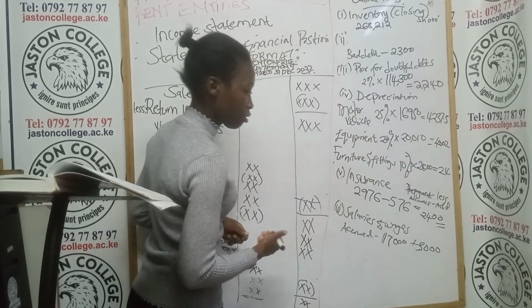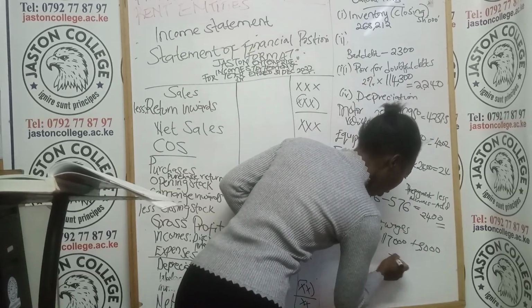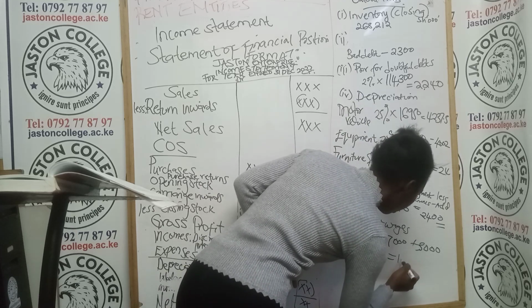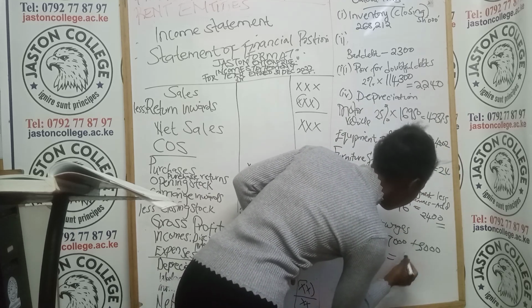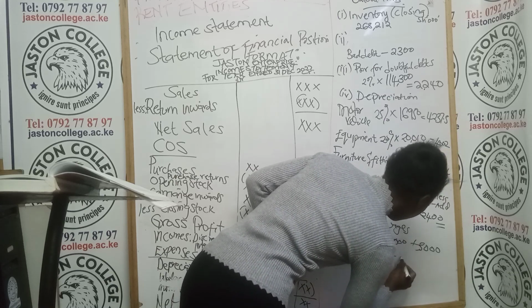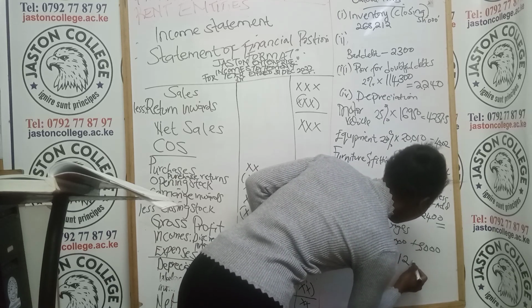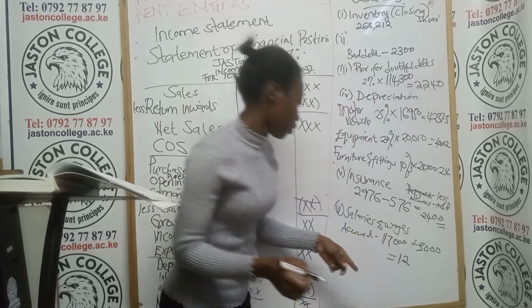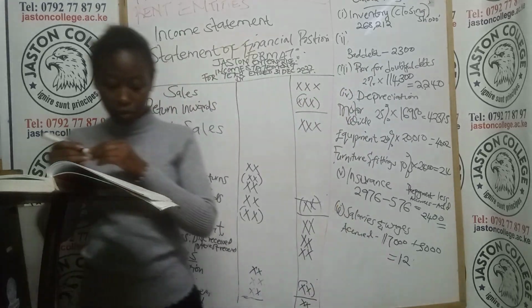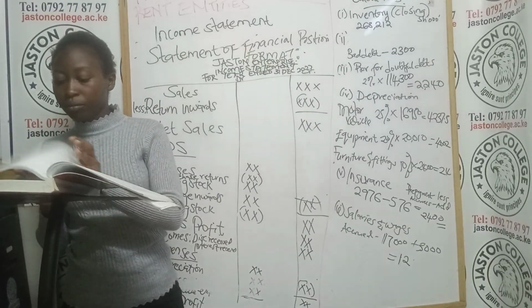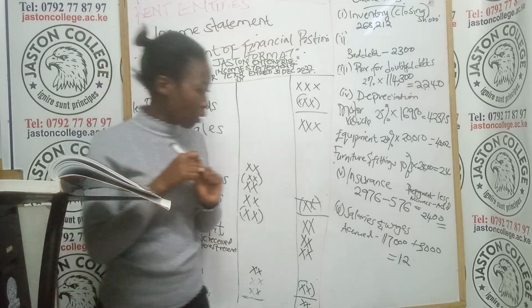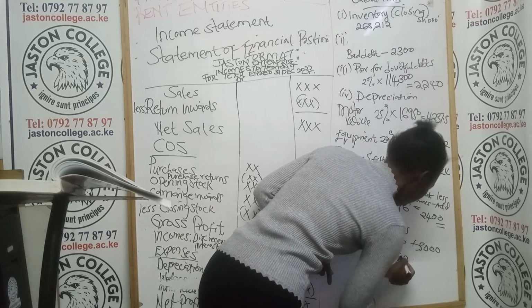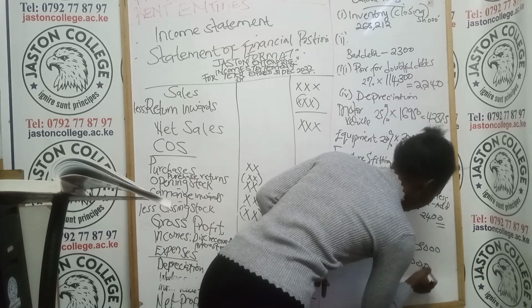We've noted our zeros there. So we are going to have 112,000.